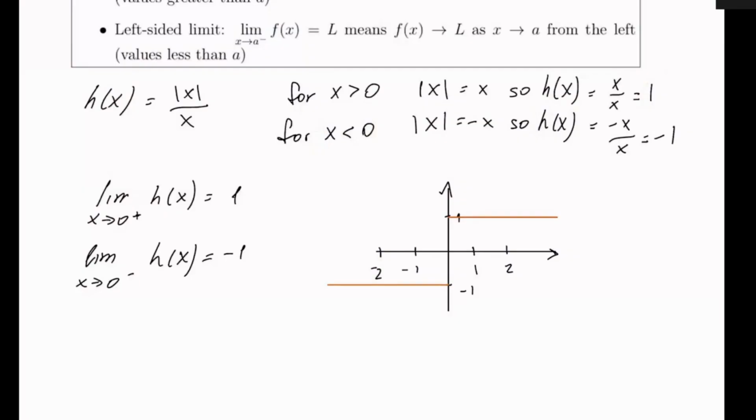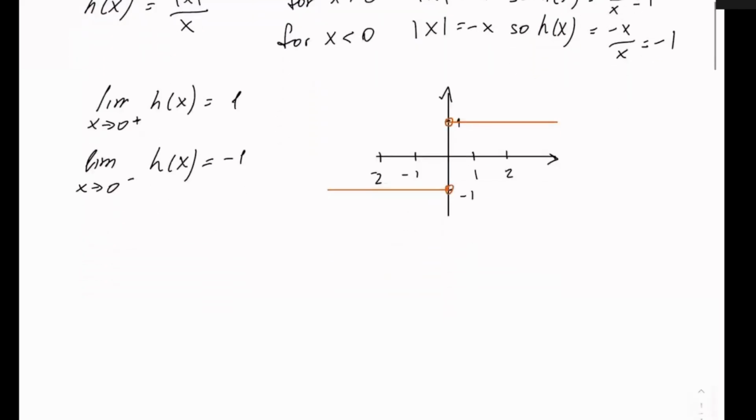So it doesn't really matter if we have a definition at 0, right? Because for limits, it doesn't matter. What matters is that we are approaching the values that are near that 0. And as you can see, from the left side we're approaching -1, and from the right side we're approaching +1.